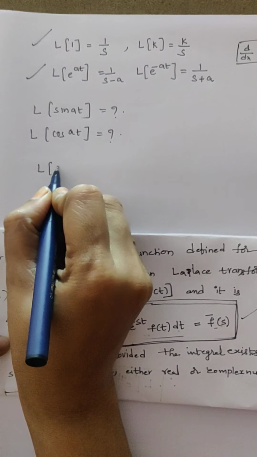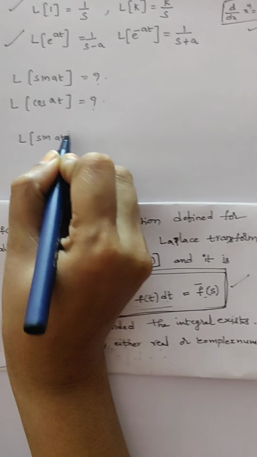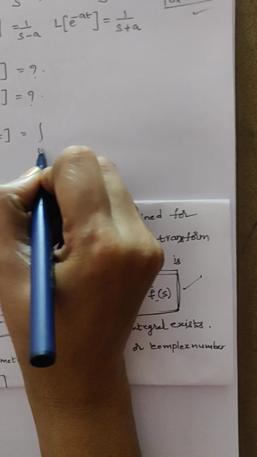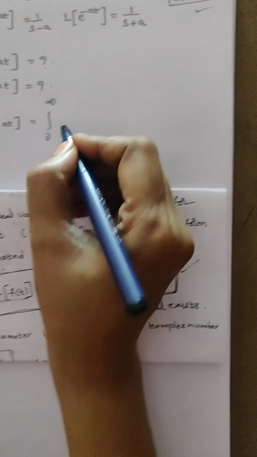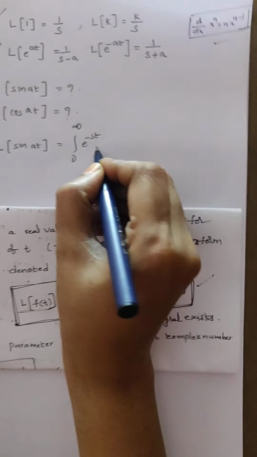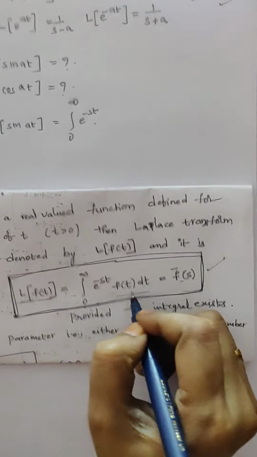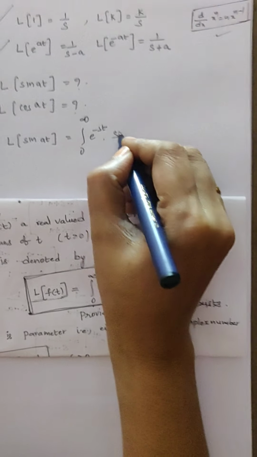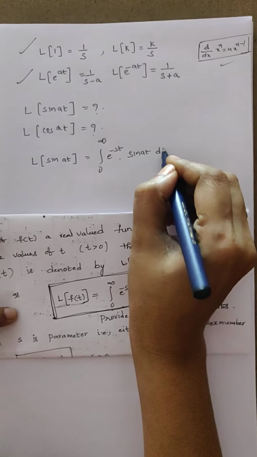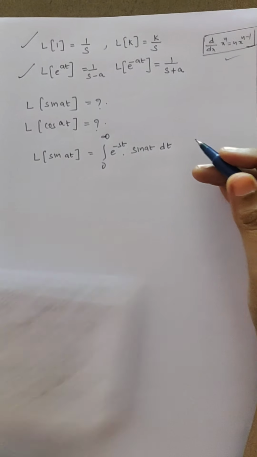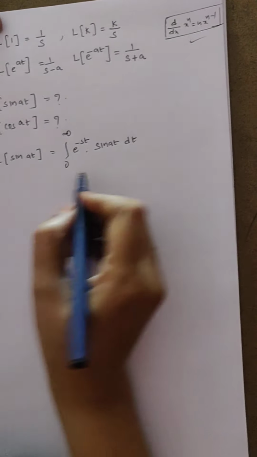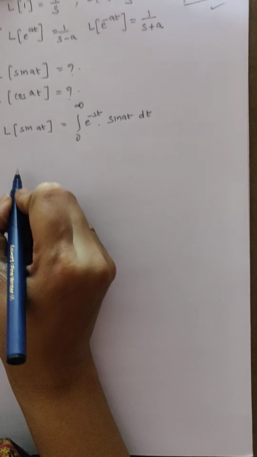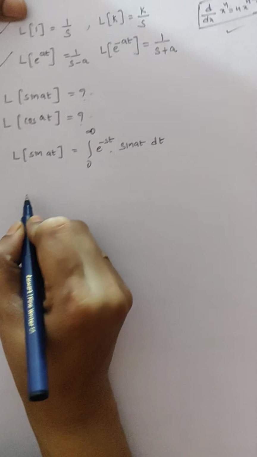So Laplace transform of sin at equal to integral 0 to infinity, according to the basic definition, e power minus st in place of f of t, sin at dt. To evaluate this integral, we have a formula available.